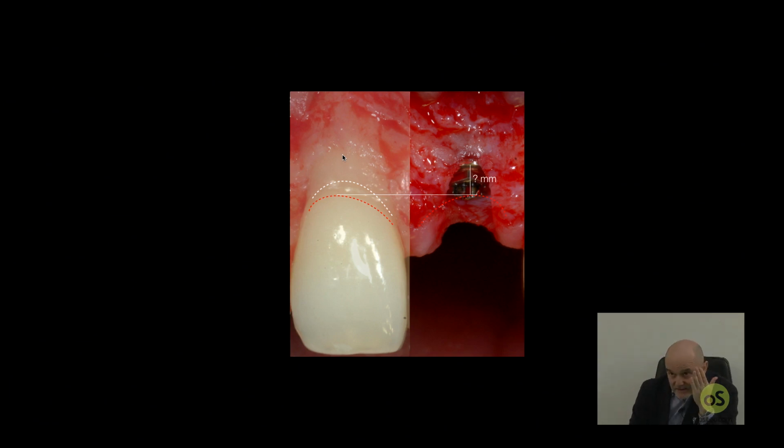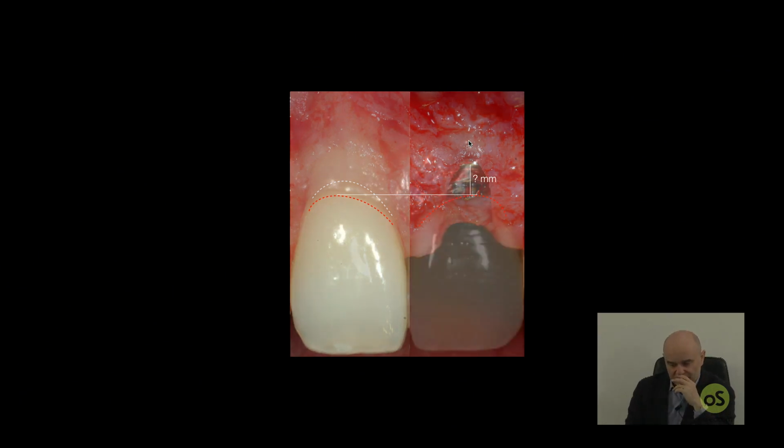And this will allow enough bone thickness at the buccal aspect of your implant without the need to place your implant too much palatally. This is the good compromise that all the literature is quite in agreement about.